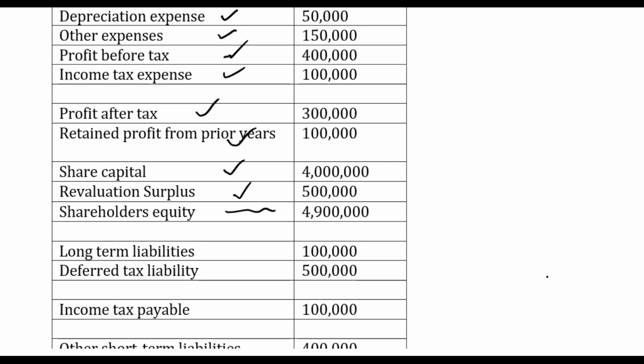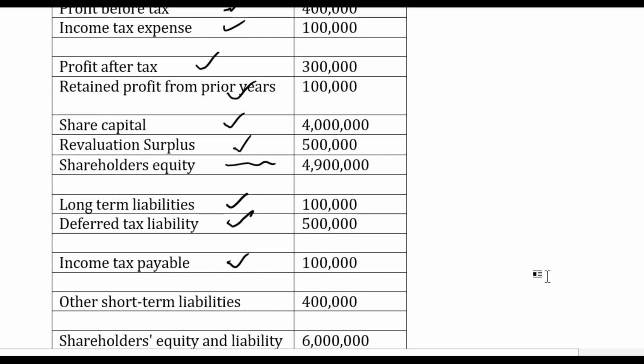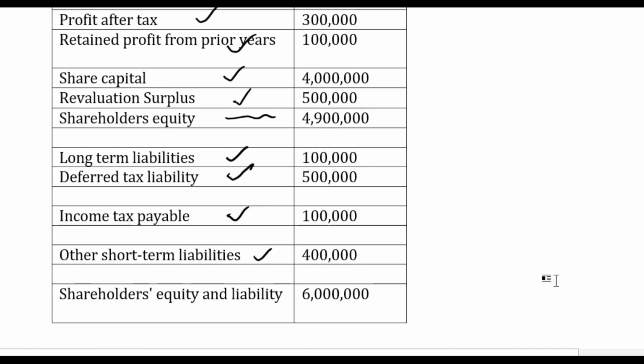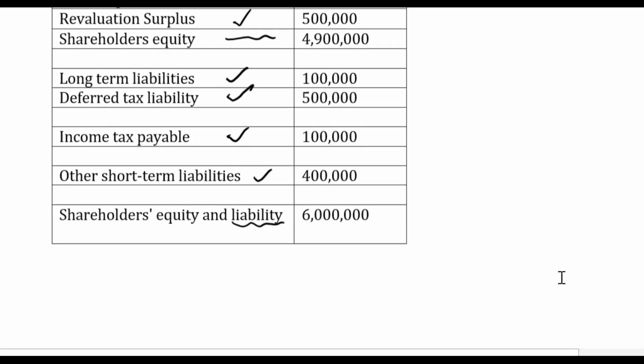Additionally, we are given long-term liabilities, deferred tax liability, income tax payable, and other short-term liabilities, and together with shareholders' equity and liability, we have 6 million.